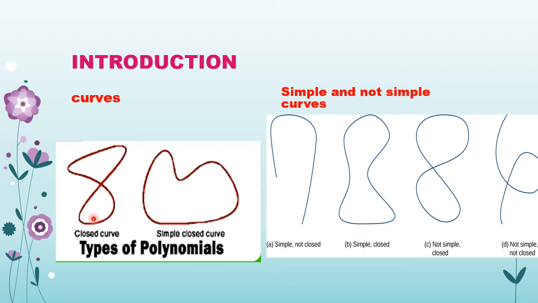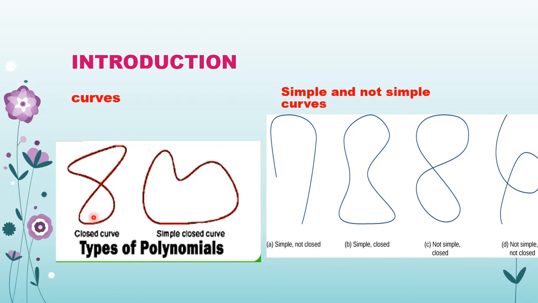Now first let us take two simple classifications. The first classification is: is this a closed curve or not a closed curve? If it is a closed curve, then is it a simple closed curve or just a closed curve? So here we have two figures.